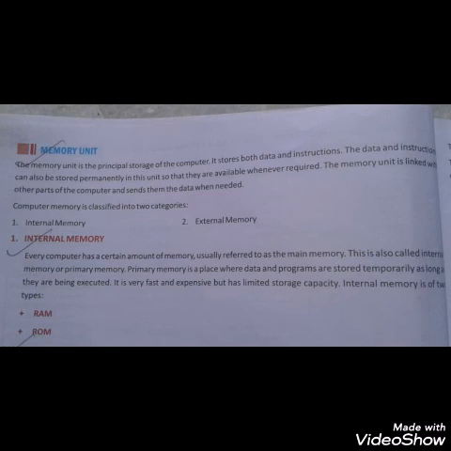Internal memory is further divided into two types. First is RAM. The full form of RAM is random access memory. And second is ROM. The full form of ROM is read only memory. So students, RAM is a temporary memory.